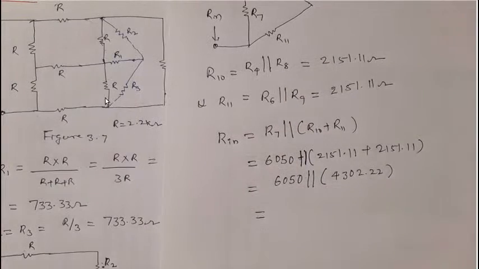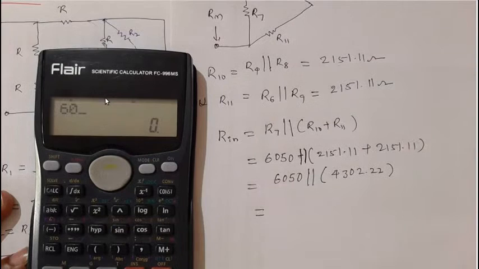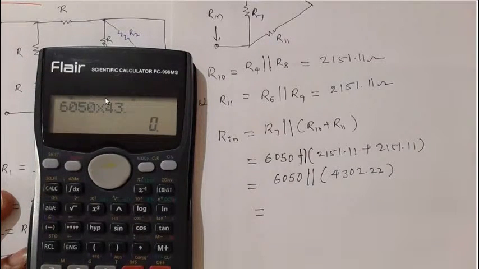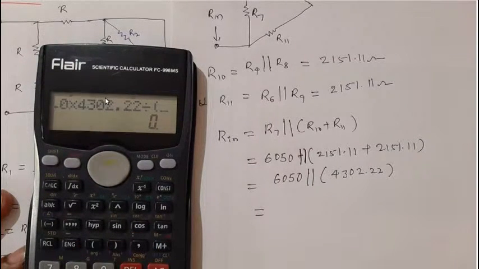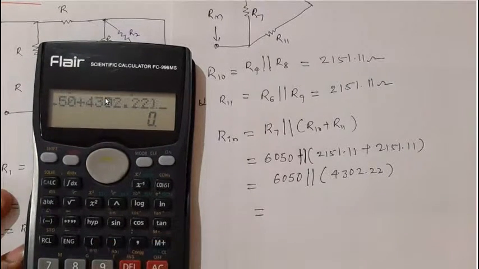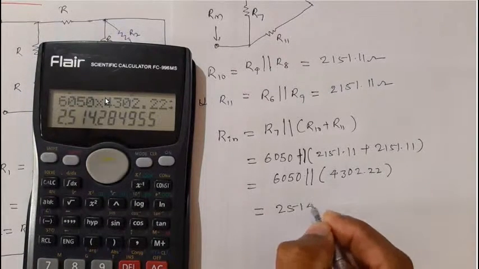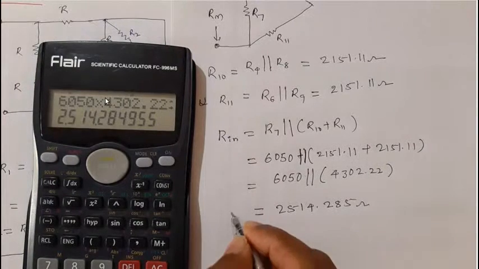Let us calculate, dear students: it is 6050 into 4302.22 divided by 6050 plus 4302.22, which is equal to 2514.285 ohm. So that is R in.